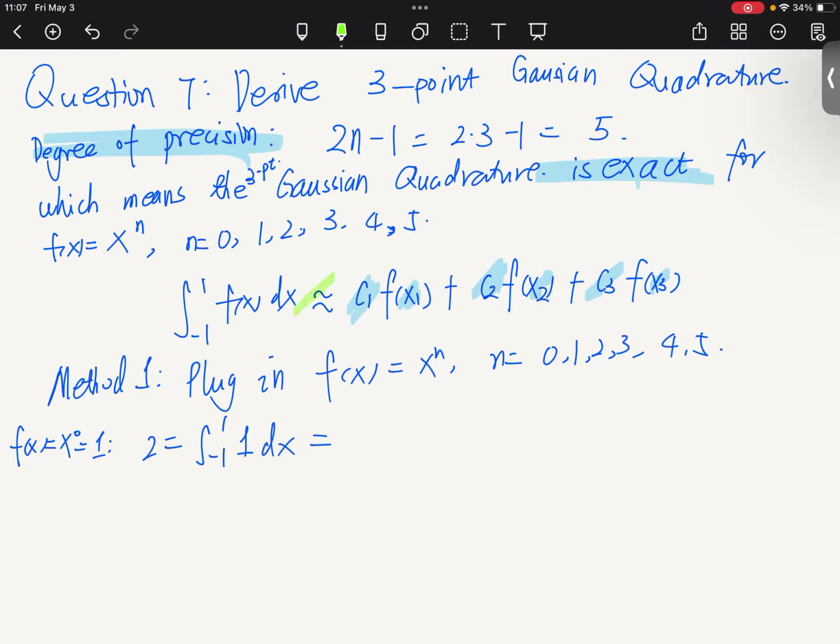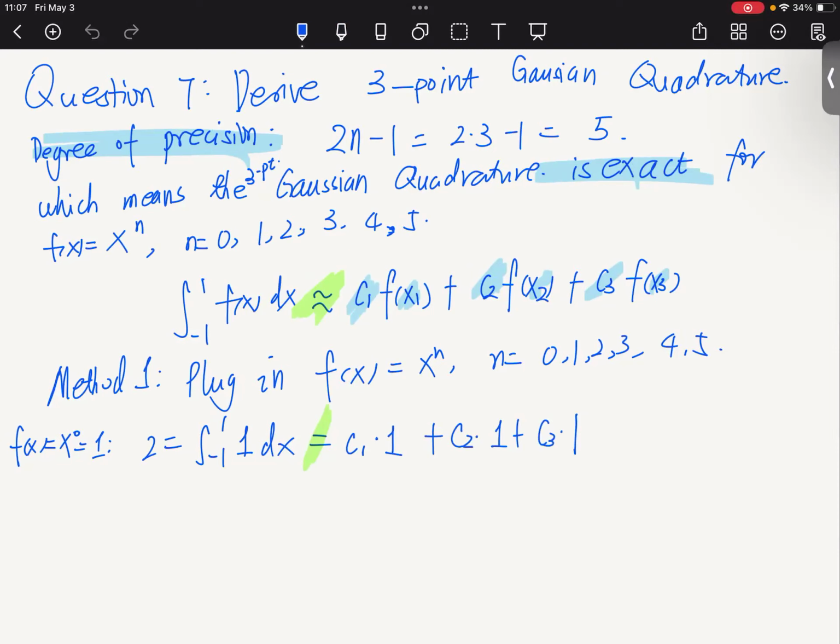The right hand side is C1 times the function evaluated at the nodal point x1, which is just 1 because it is a constant function. Then we have C2 times 1 and C3 times 1. This is the first equation you get for the nodal points and C1, C2, C3.